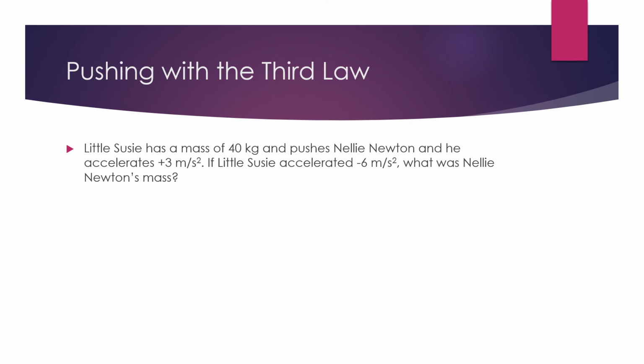Here we go. Let's see. Little Susie has a mass of 40 kilograms and pushes Nellie Newton, and he accelerates positive 3 meters per second squared. Okay, so you know what I'm going to do? Draw the line to separate the two people. Here's Nellie. Here's Susie. Awesome.